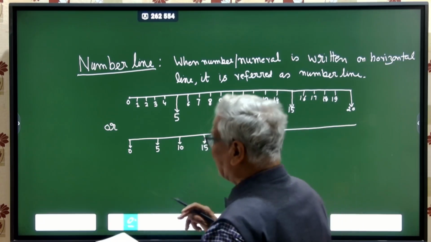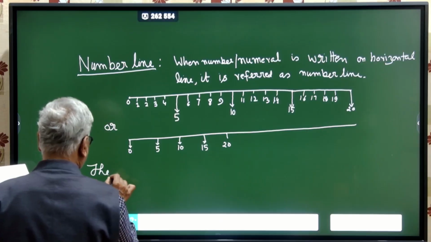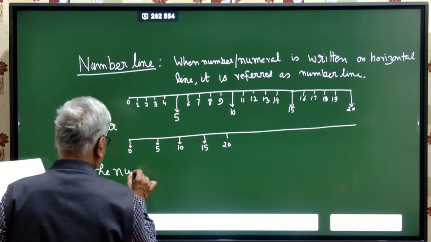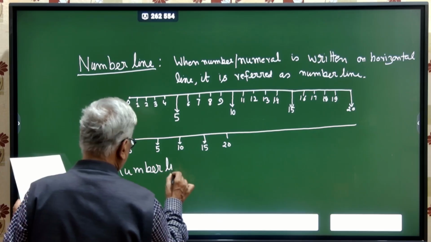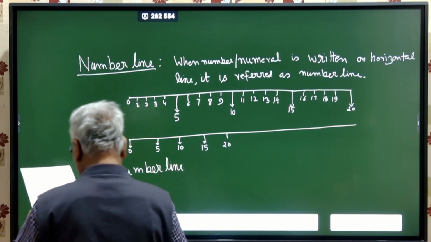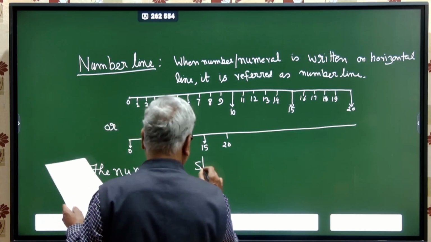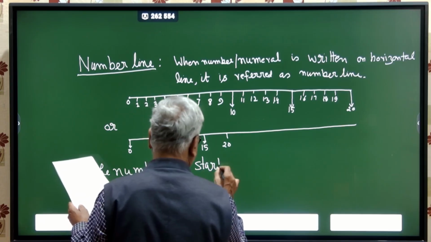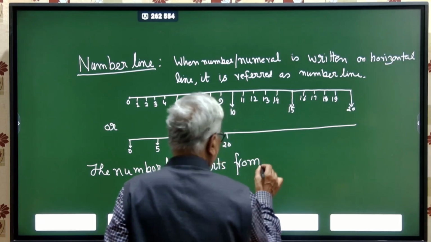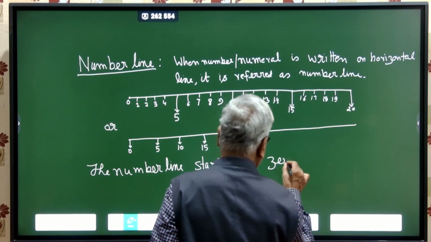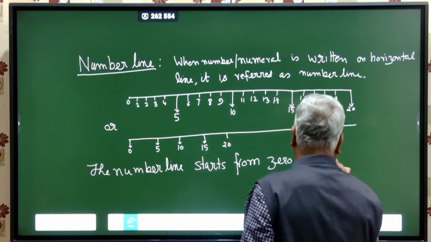Now, the number line starts from 0 to any number.